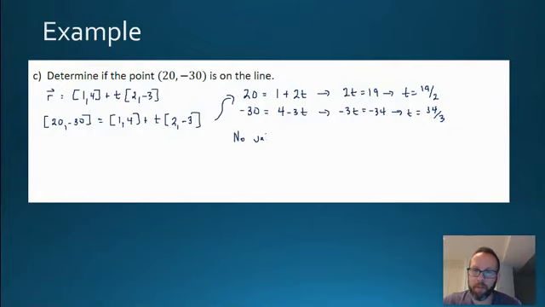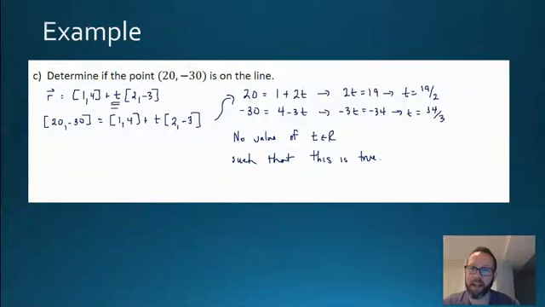There's no value of t such that this is true. There's no value of t I can plug in here to get (20, -30). I can get 20 in the x value, I can get -30 in the y value, but not at the same time. So we've just shown that (20, -30) is not on the line.